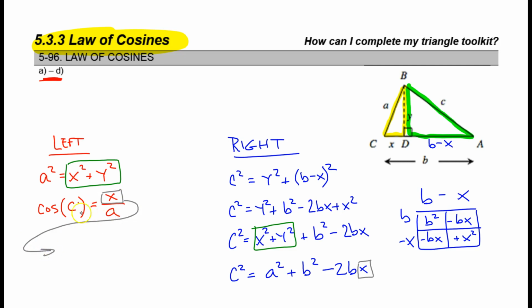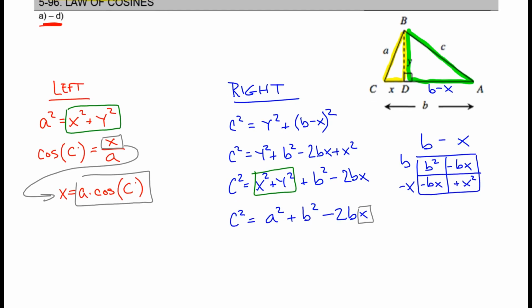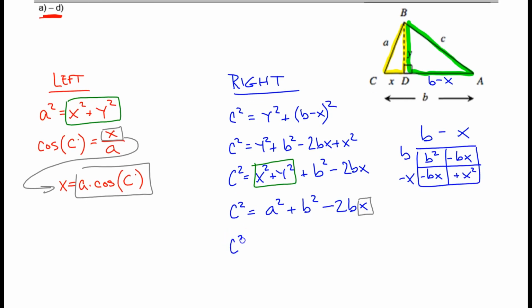Through the magic of modern technology, I'm going to rewrite this as x equals a times the cosine of angle C. So I can now use this version of x and substitute it into my equation. So that equation now becomes c squared equals a squared plus b squared minus 2 times b times a times the cosine of c.